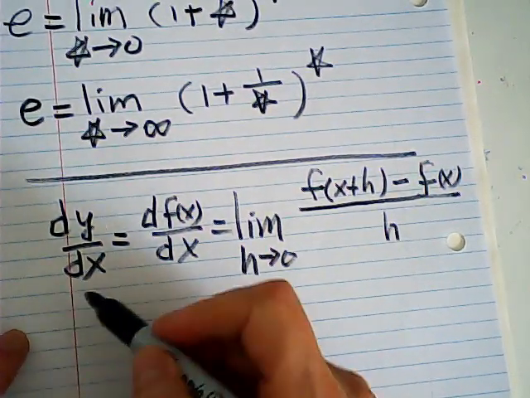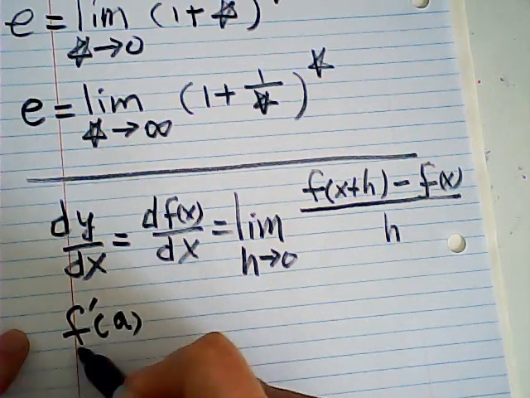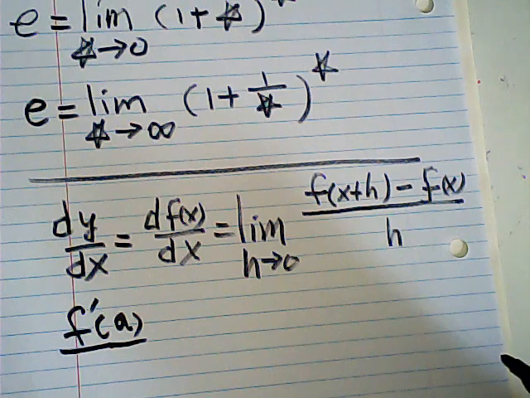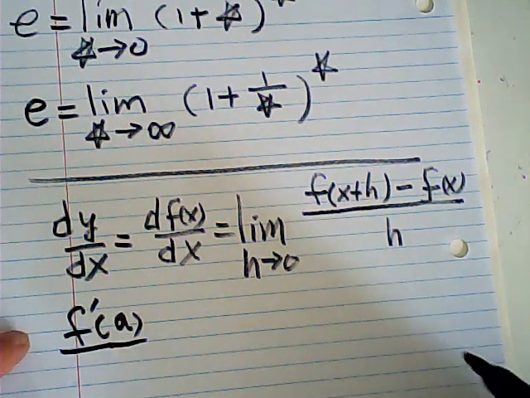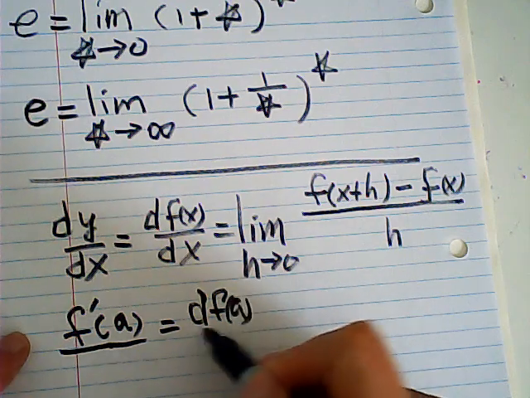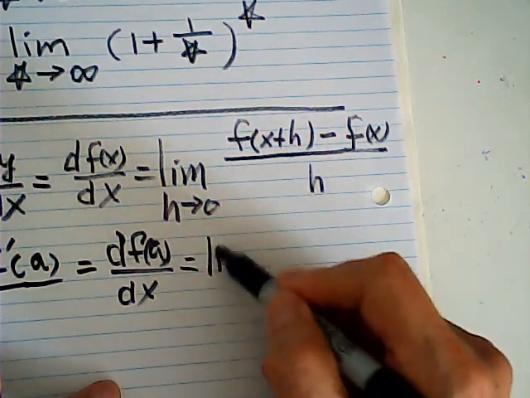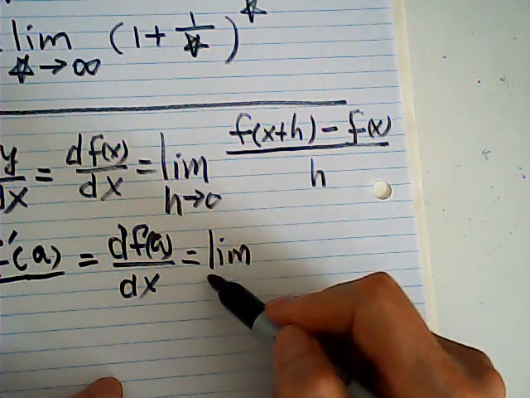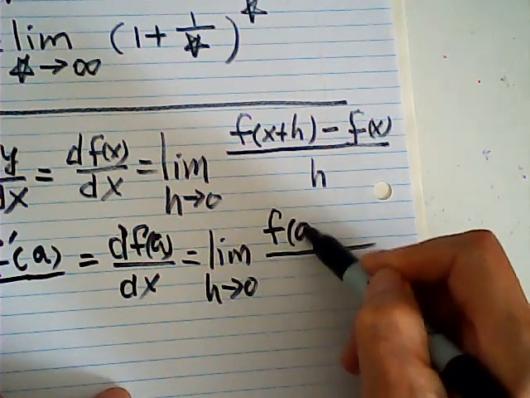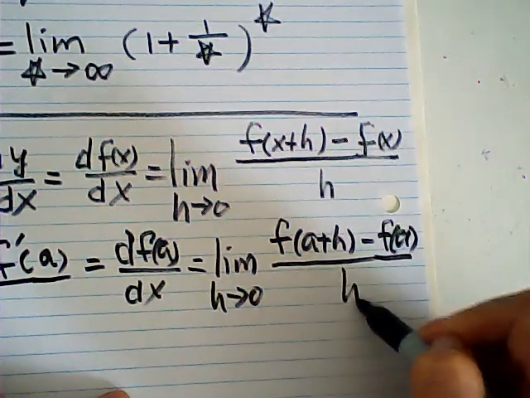And if we're looking for the derivative of f of x at a certain point a, that is equal to the limit as h goes to 0 of f of a plus h minus f of a, over h.